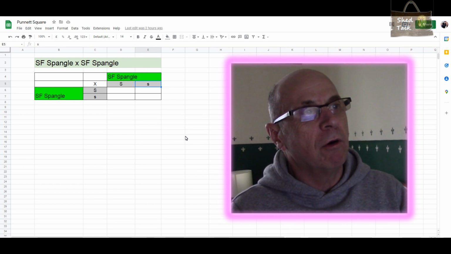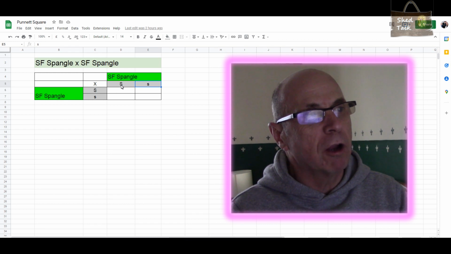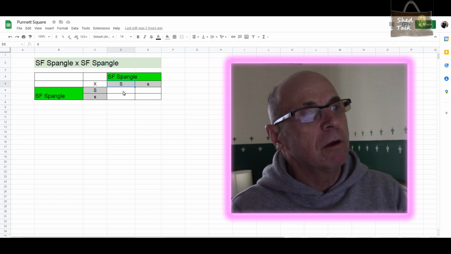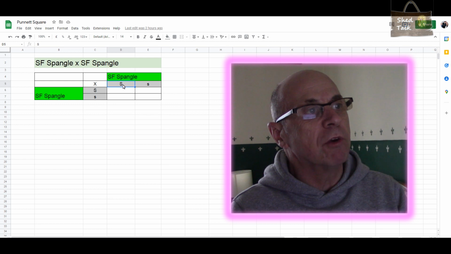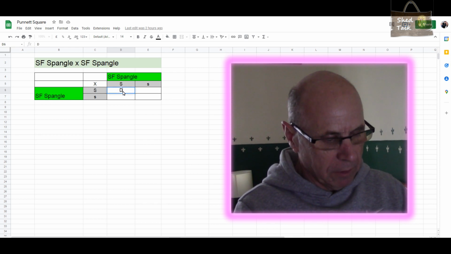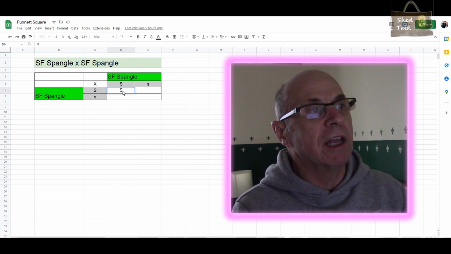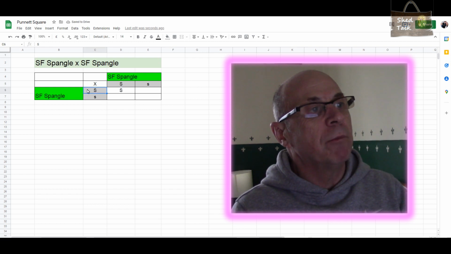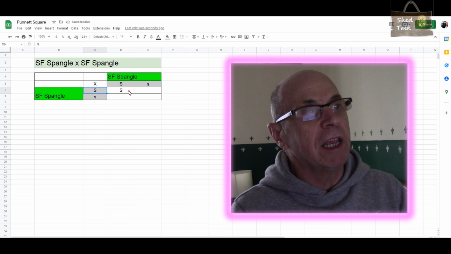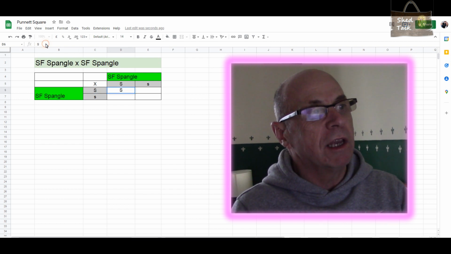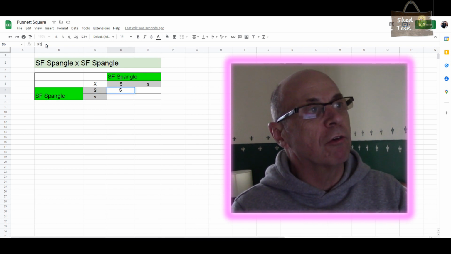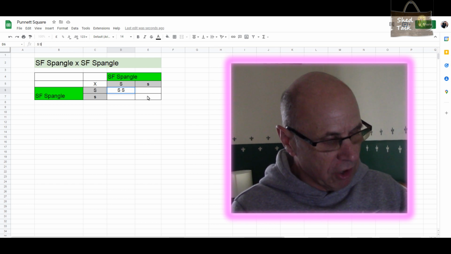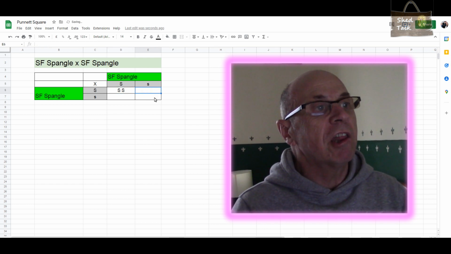So how do we work out what the possible outcomes from this pairing are going to be? Well, you remember from the last video, we bring down the top allele from this square and place it in here. So that's an uppercase mutated allele, the uppercase S, and we bring across the allele from the hen bird as well, so that goes across to there, and that will give us another uppercase S.